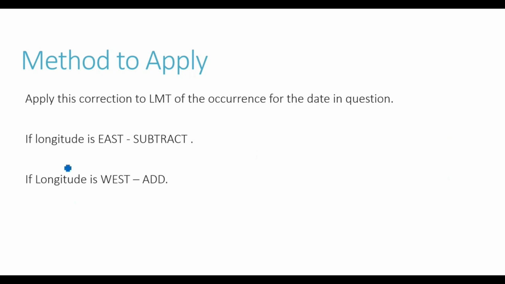And when you get this correction, if the longitude is east, this has to be subtracted from the time which is given in the almanac. If the longitude is west, it has to be added to the time which is given in the almanac.